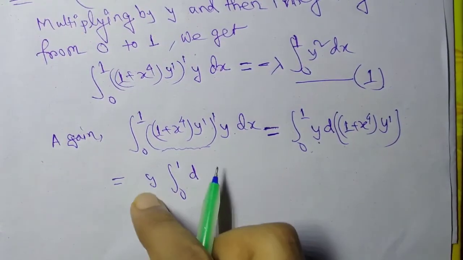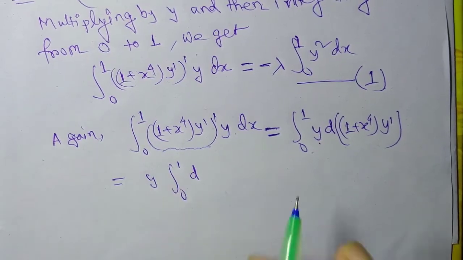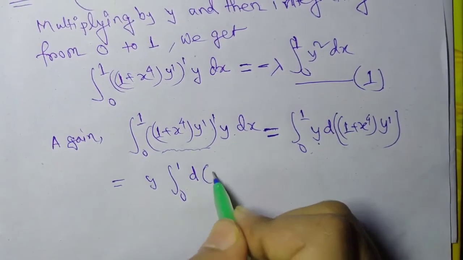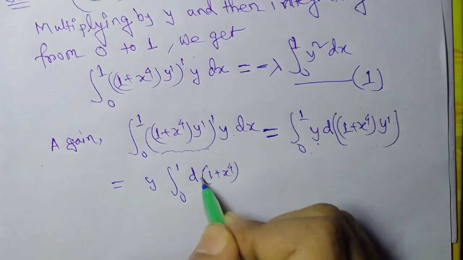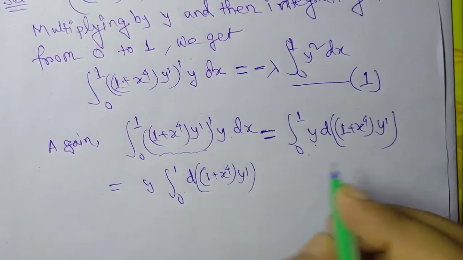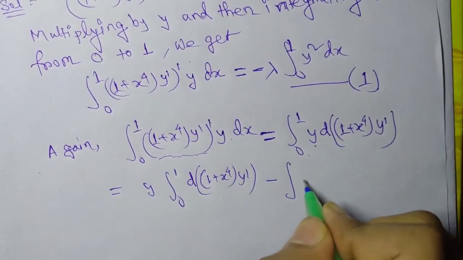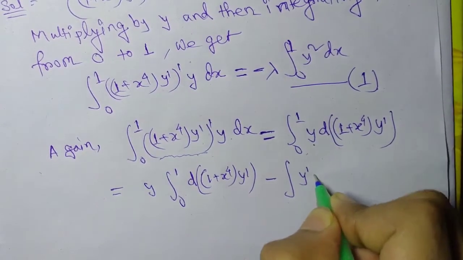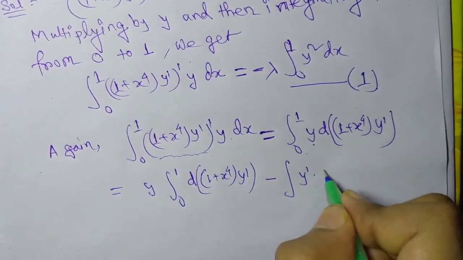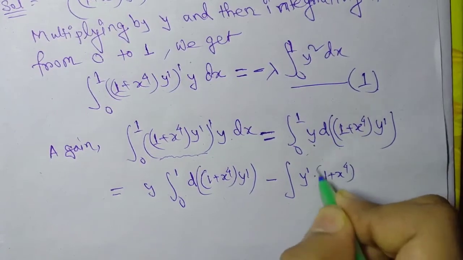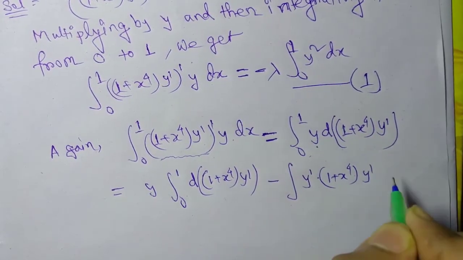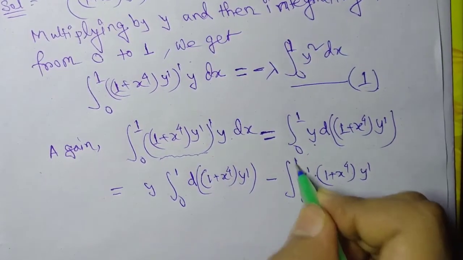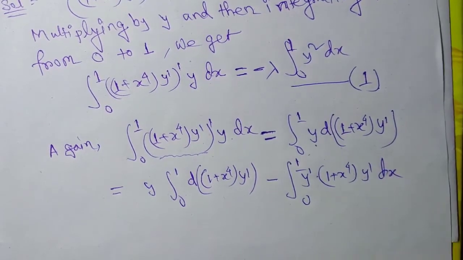Then this gives u times the integral of v, which is y (1 + x^4) y' minus the integral of y' (1 + x^4) y' dx.